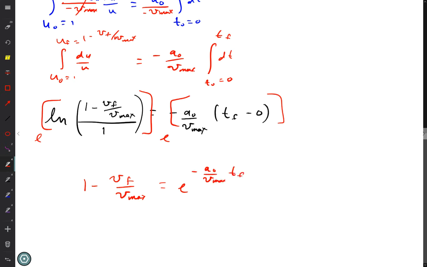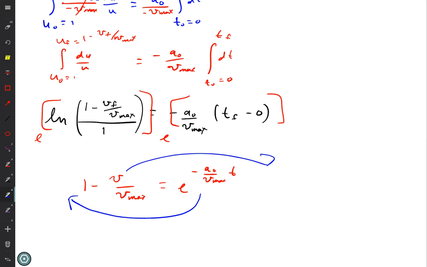At this point, I'm going to drop the finals. I'm outside of the integral process now, so I'm not breaking any math rules by renaming v final as v and t final as t. And now the last step is to solve this for v. So to solve this for v, I'm going to add this to both sides to move it across, subtract this from both sides to move it across, and then multiply everything by v max.